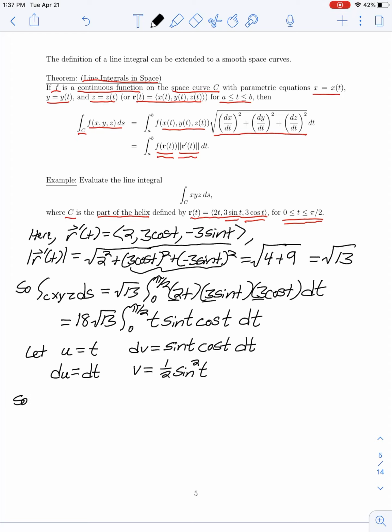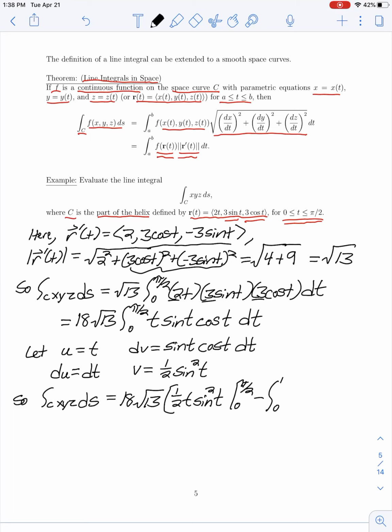So our line integral of x times y times z with respect to s over the curve C, well, we had a constant out in front of 18 root 13 times the antiderivative of this function, which using integration by parts is given by u times v, so 1/2 t sine squared of t, evaluating from 0 to pi over 2, minus the integral of v du.